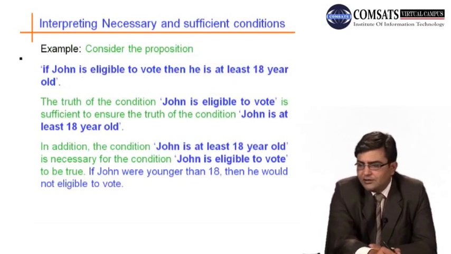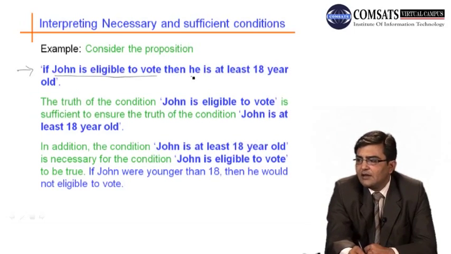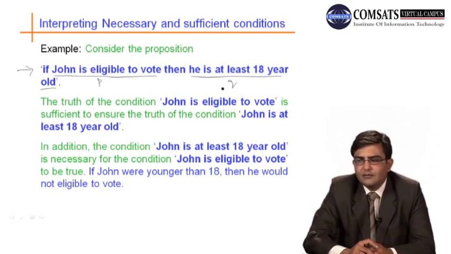Consider the conditional proposition: if John is eligible to vote, then he is at least 18 years old. If we take P as John is eligible to vote and Q as he is at least 18 years old, then P is the hypothesis and Q is the conclusion.